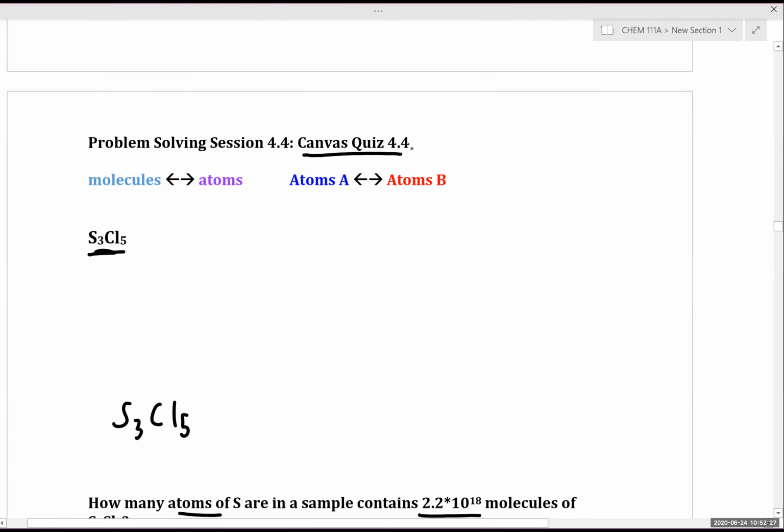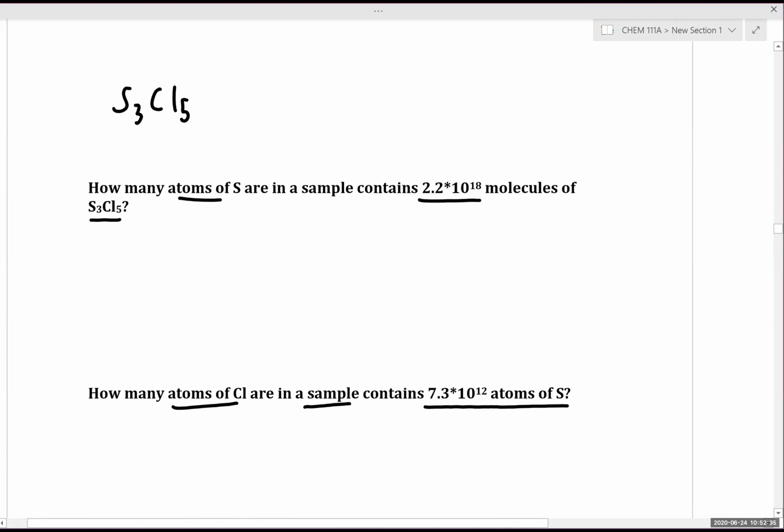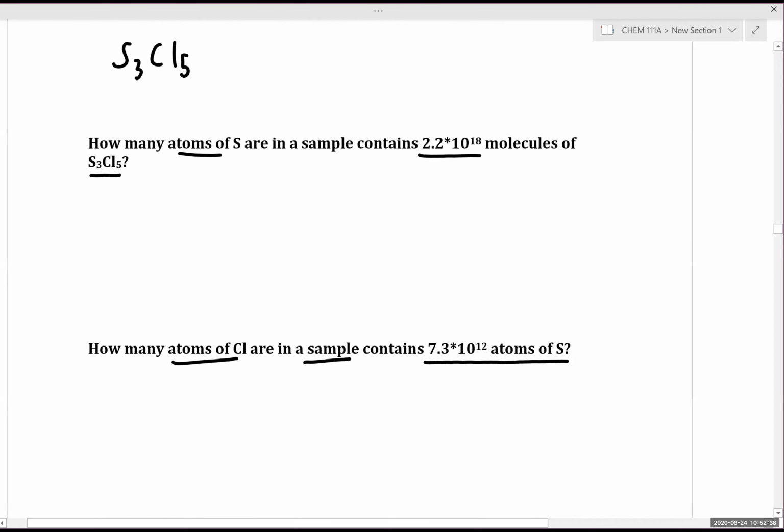And just to make it easier, so that the Canvas quizzes are distinguishable, I labeled this Canvas exercise as 4.4.1. And we'll discuss in about 4 minutes.